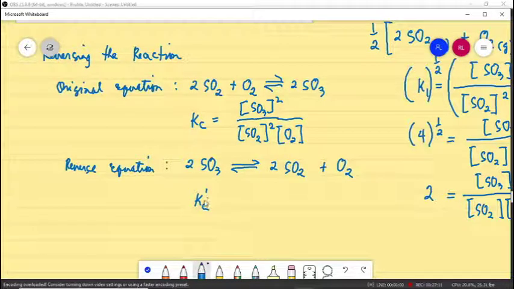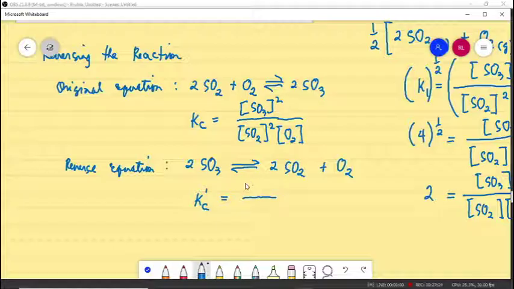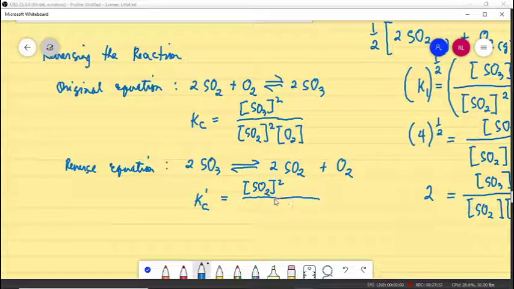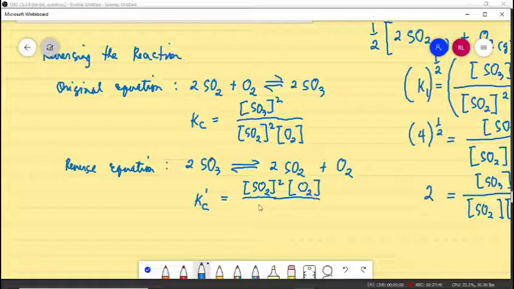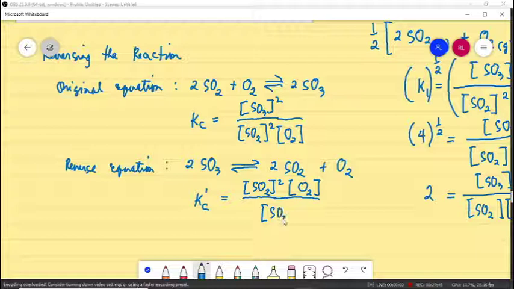Let's use the prime symbol to suggest that we are just reversing the equation. You have the concentration of sulfur dioxide raised to the power of 2 times the concentration of oxygen gas divided by the concentration of sulfur trioxide raised to the power of 2.